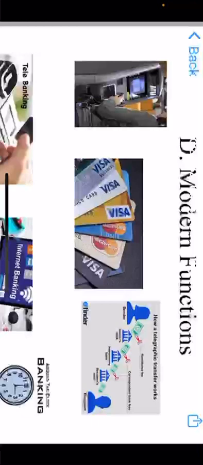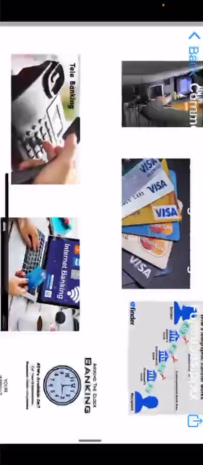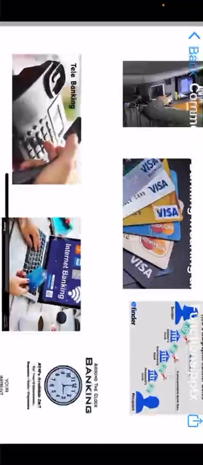Let us say a person from abroad, let us say America, wants to transfer an amount. Rather than transferring the amount directly, first the dollars are to be converted into Indian rupees, and then they will be deposited in his or her Indian bank account. So that is where mail transfer and telegraphic transfer work.